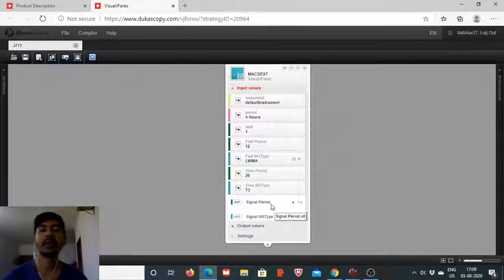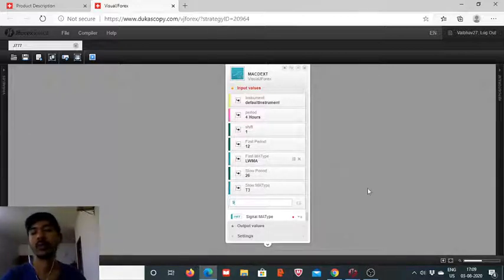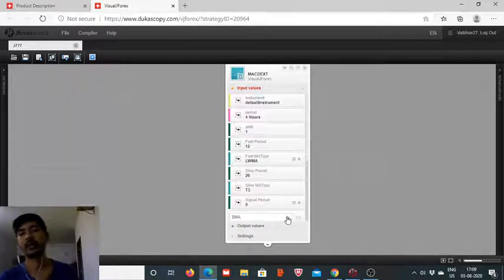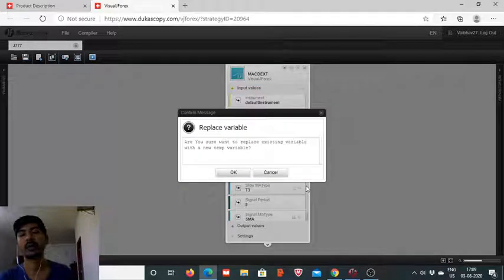And again here we have this signal period and the signal MA type which needs to be defined, and here I think 9 should do well. And the signal MA type, as you have already seen, it can be anything. So let us define this.